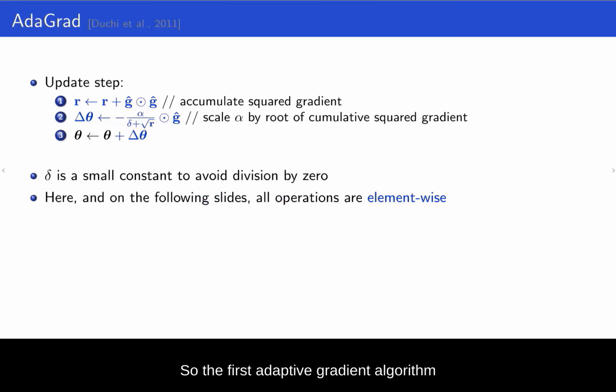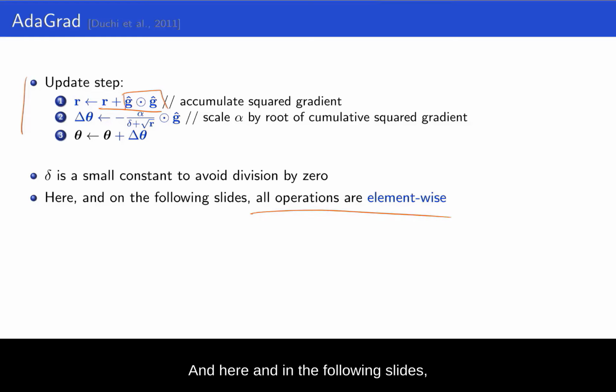So the first adaptive gradient algorithm I'd like to talk about is Adagrad. For this, the update step looks as follows. The most important part is here we actually take the squared gradient, and here and in the following slides, all operations are element-wise.